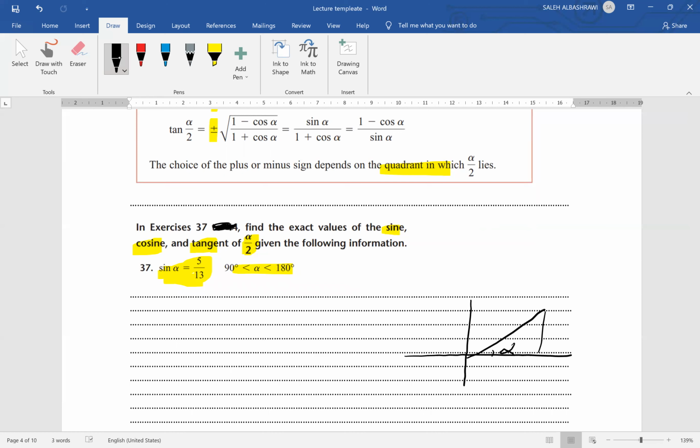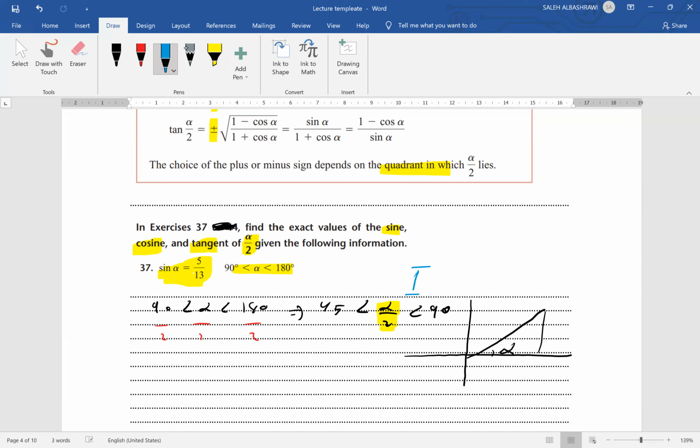So if 90 is less than alpha less than 180, then if we divide by 2, I will have 45 less than alpha over 2 less than 90, which means that alpha over 2 is in the first quadrant.